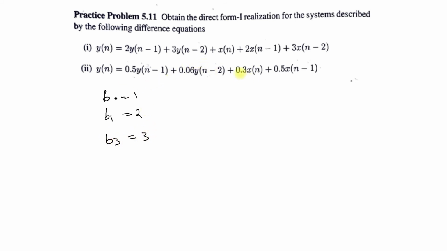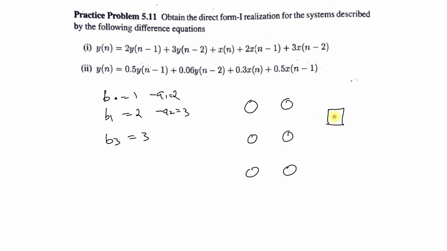Then corresponding to the a side, here we have minus a1 equal to 2, then minus a2 equal to 3, like that.